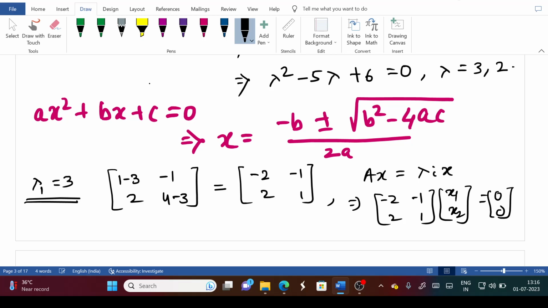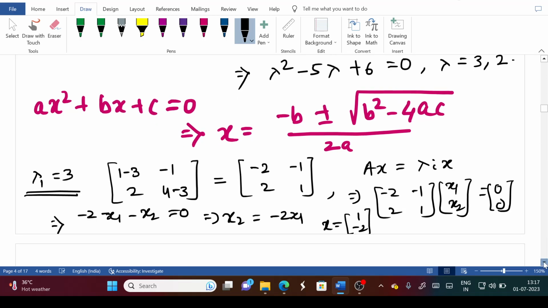That implies, what are the equations then? Minus 2 x1 minus x2 is equal to 0, or x2 is equal to minus 2 x1. What about the vector then? So here this vector x is equal to [1, -2].